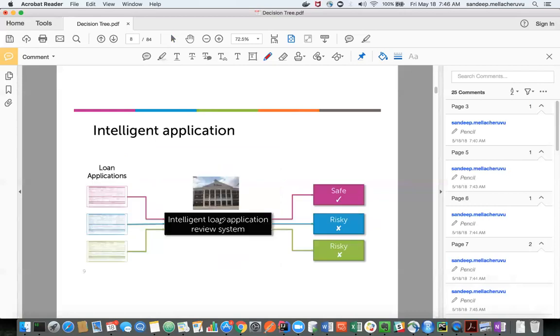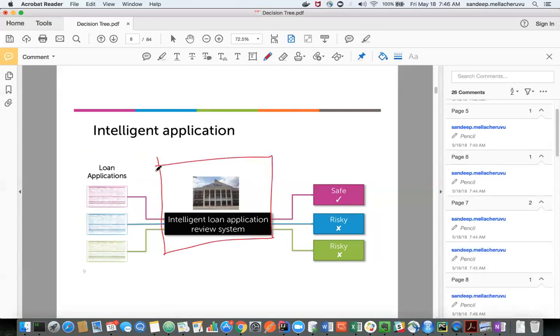Now what we need to write is some intelligent loan application system where we get the loan application and we process it automatically, and then we categorize the loan application. Let's say these are the different buckets.